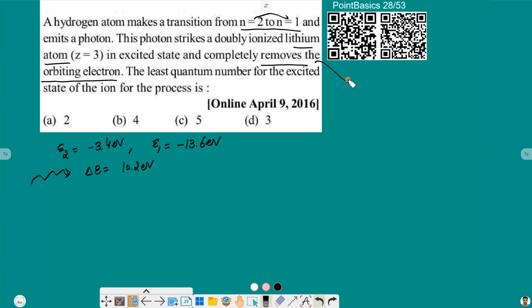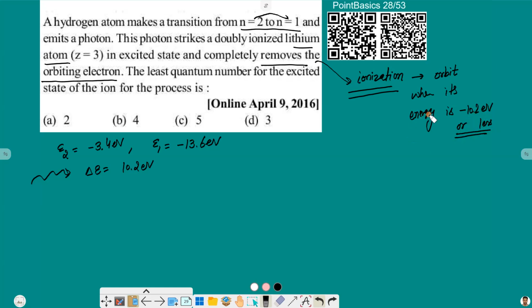If it is completely removing the electron, what we have here is ionization. And for ionization, that electron has to be in an orbit where its energy is exactly minus 10.2 electron volt or less.